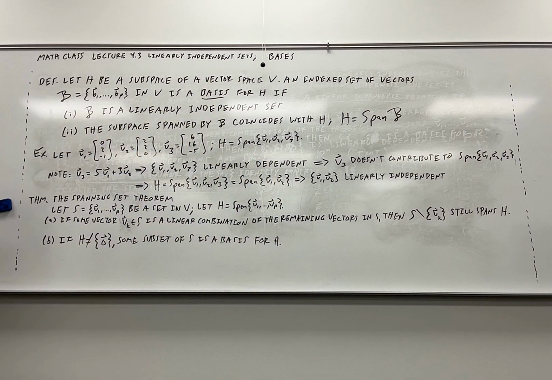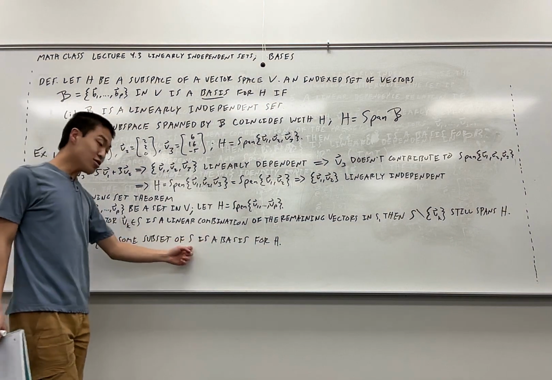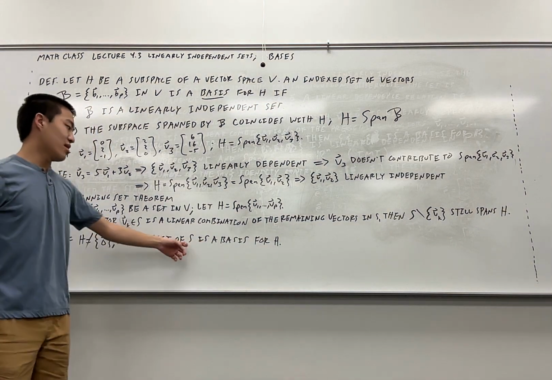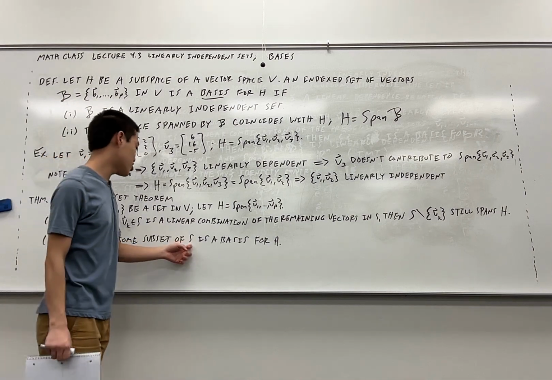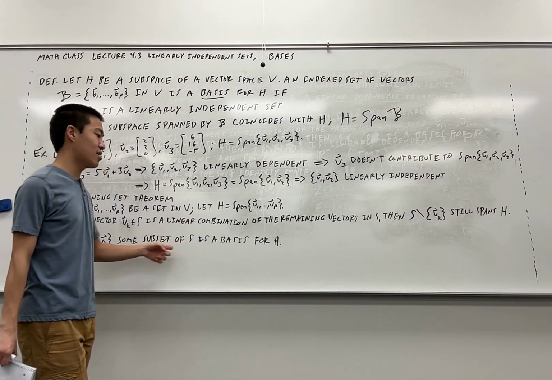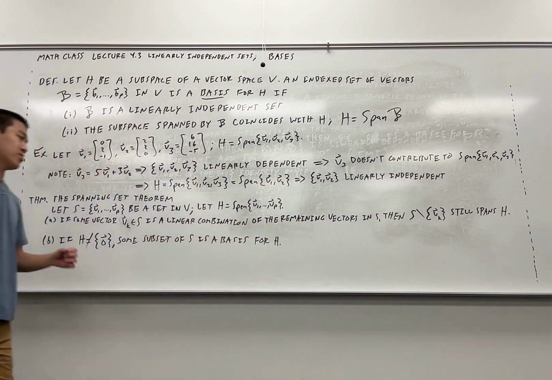This is an improper subset, meaning that technically a set is a subset of itself. Like S is a subset of S. So the subset of S that could be the basis could just be S, but sometimes S has excess vectors. It has more than we need, and so even then chopping those out, that's a subset, and it can still be a basis for H.